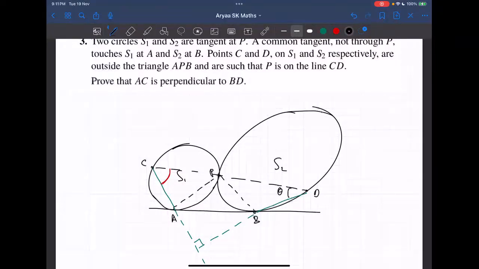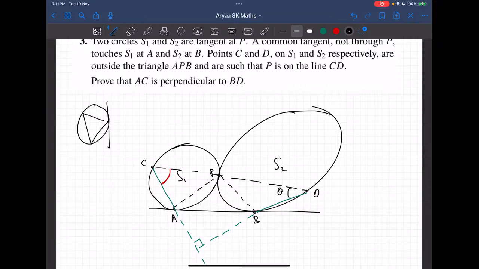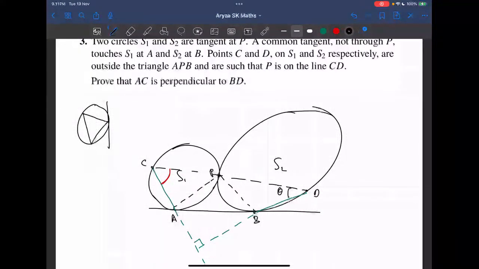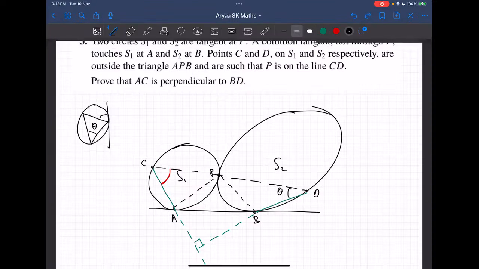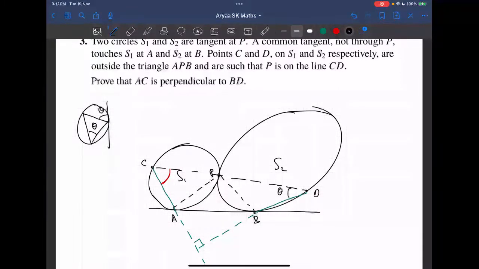Okay, so there's a common tangent. Maybe we can use the alternate segment theorem here. The alternate segment theorem is the circle theorem, I believe, which says the angles in alternate segments are the same. I think this is it. Hopefully it is, because if it isn't, then we will probably be completely wrong. But that seems about right.